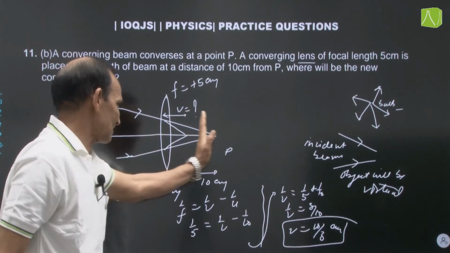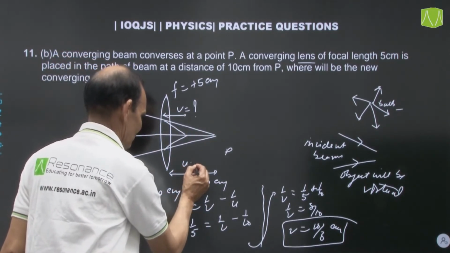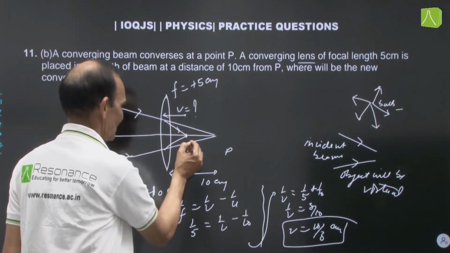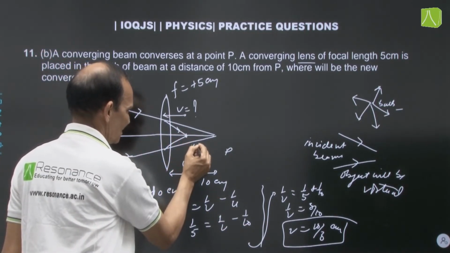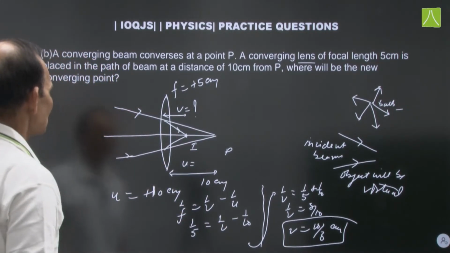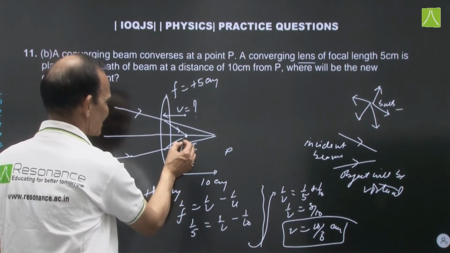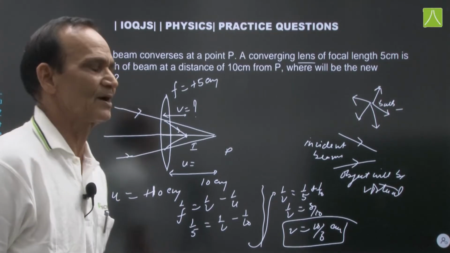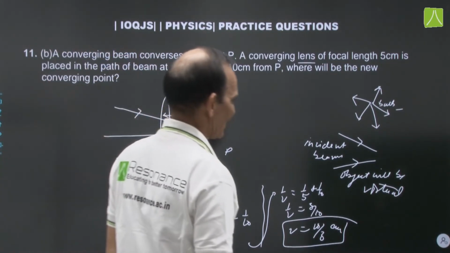Remember, u was plus, so v is also plus. The image I will be formed at 10 by 3 centimeter, less than 10. So the new focus point will be at this point. This distance is 10 by 3. So it is the solution of the second part of question number 11, part B.